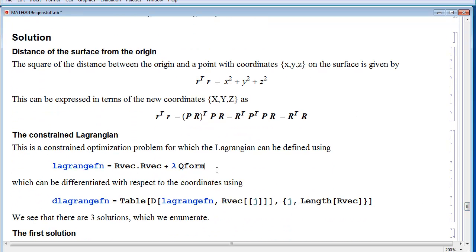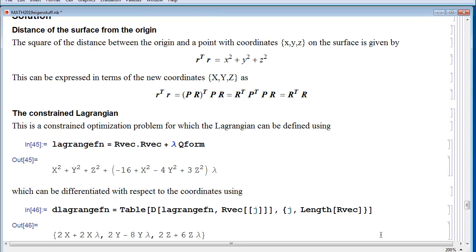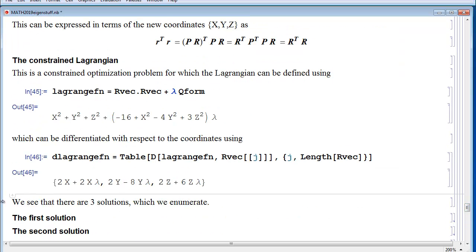So let's do that. And so that's the objective, or the Lagrangian, and we can differentiate that with respect to the coordinates using this. And this is the result.